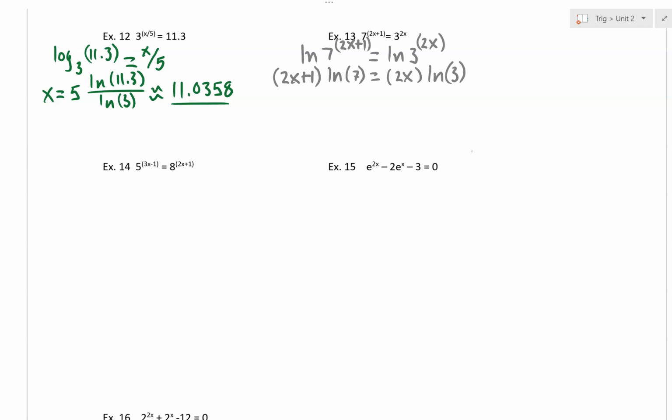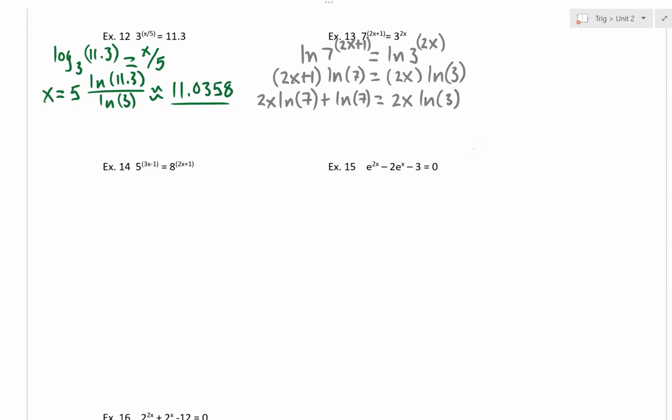Now we need to simplify this down by getting our variables to one side. But I can't just simply divide out or subtract right now. I've got to distribute and get our terms somewhat similar. So here we would distribute this side. It's going to say 2x ln of 7 plus ln of 7 is equal to, this one is just 2x ln of 3. So now we have x terms.